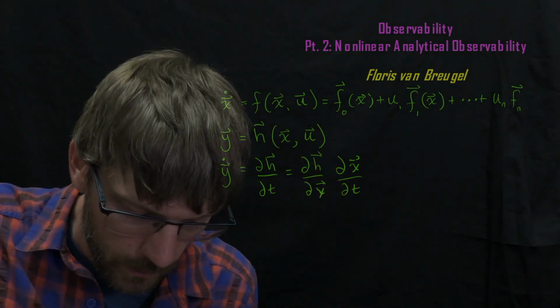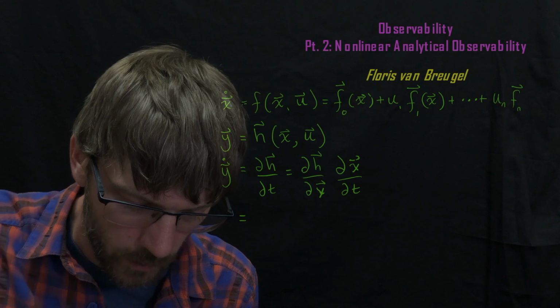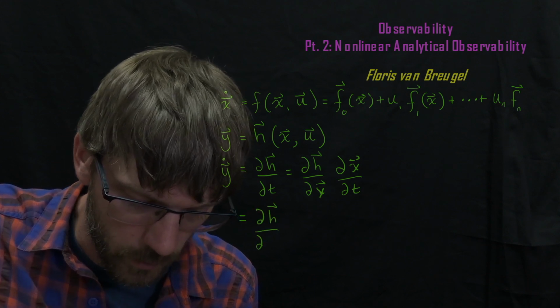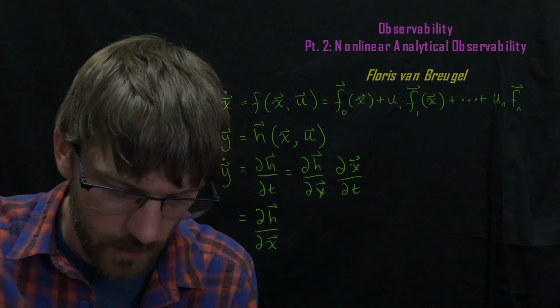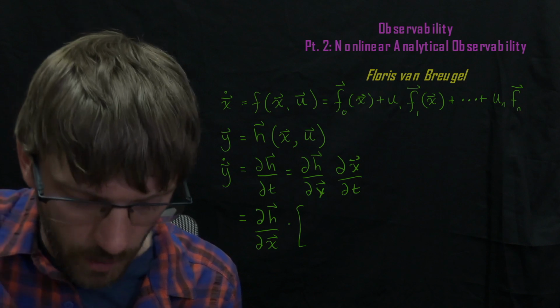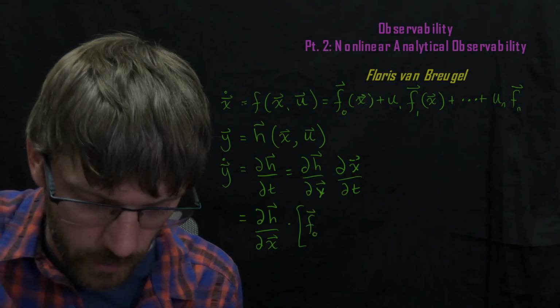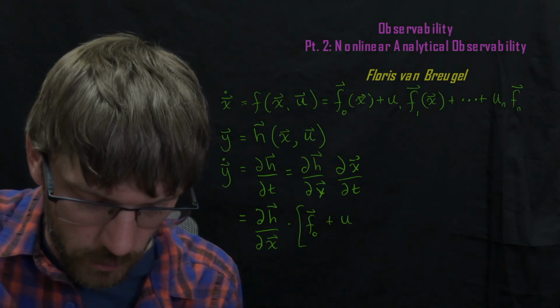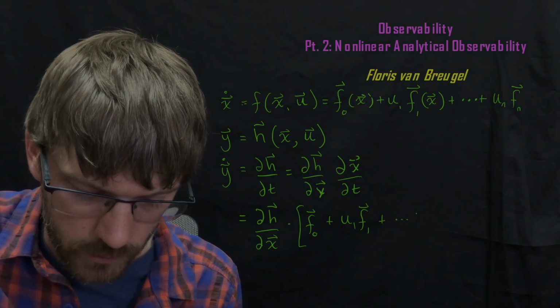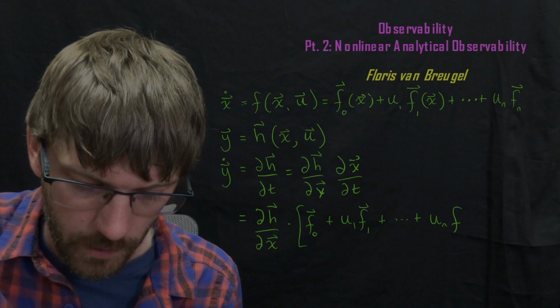So we get that y dot is equal to the derivative of h with respect to our state x times, and I'm going to shorten things here just for simplicity, f0 plus u1 f1 plus all the way out to un fn.